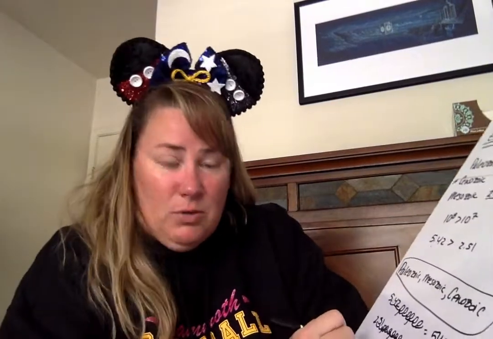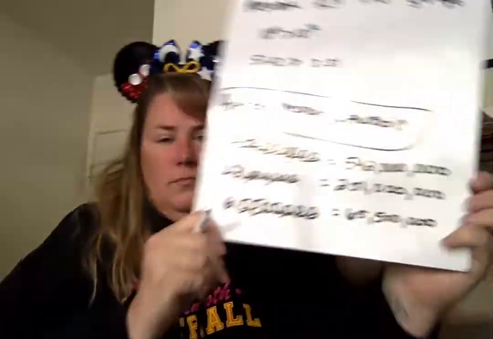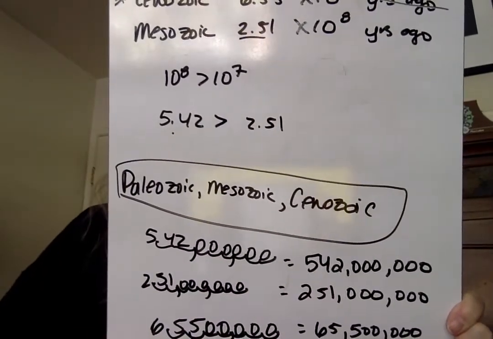And then I guess I am doing all of them. 6.55 times 10 to the 7th. So we're going to go 1, 2, 3, 4, 5, 6, 7. Fill them in. And we have 65,500,000. So you can see I just wrote the 3 of them in standard form.